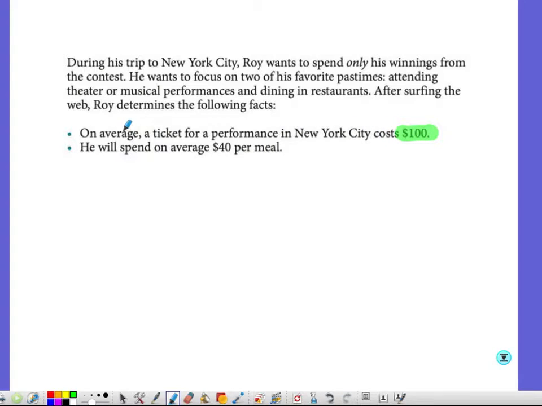It costs $100 for one ticket and $40 per meal. Now you might be thinking, $40 per meal, that's pretty expensive. Well, let's just say that he's going to a really expensive Italian restaurant where they import a lot of their foods. So that's why it costs $40.